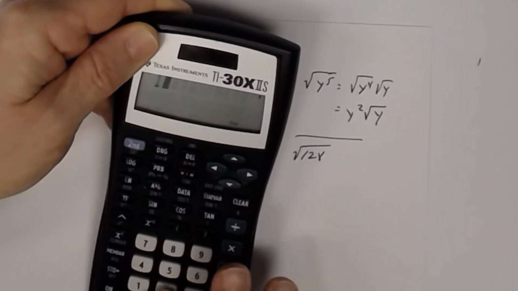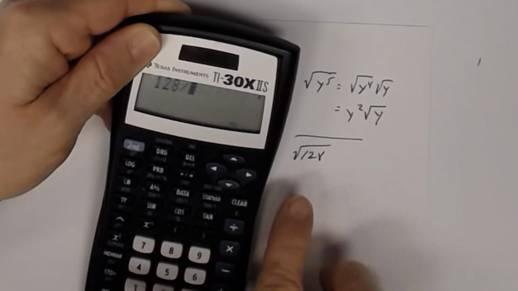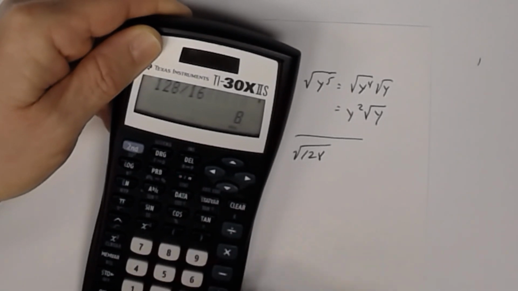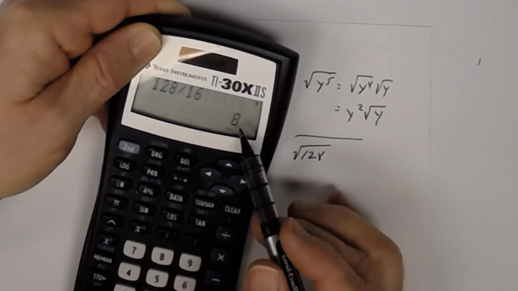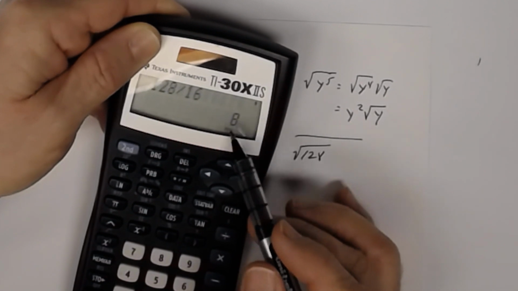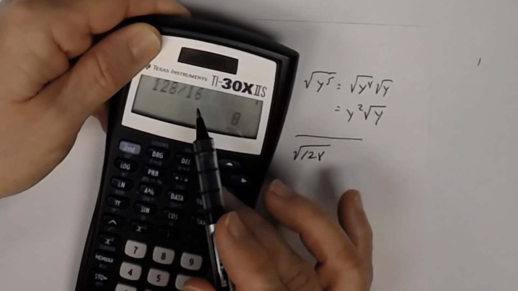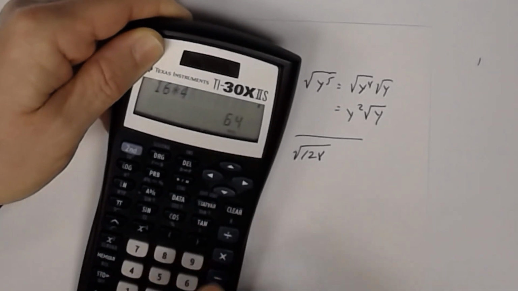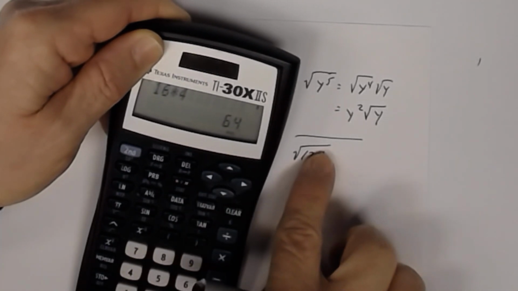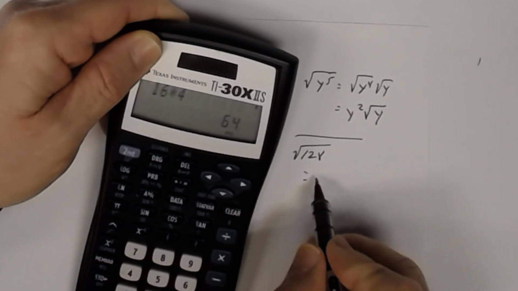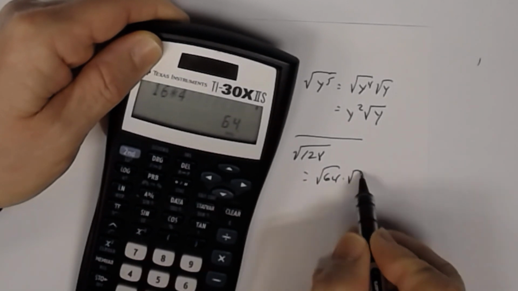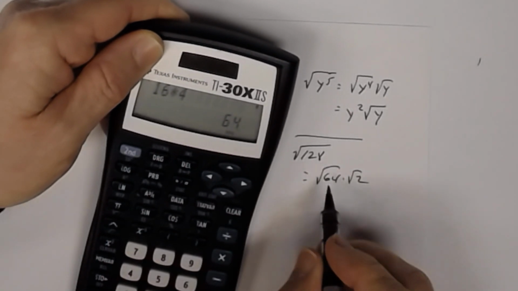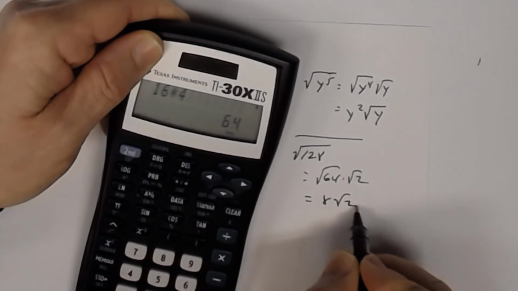So it looks like the largest perfect square that goes into 128 is 16. So let's check. And it is not, okay? Because notice that 4 also goes into 8. So then 16 times 4 is 64, and 64 is the largest, right? So this becomes the square root of 64 times the square root of 2. And the square root of 64 is 8, so you get 8 square root of 2.